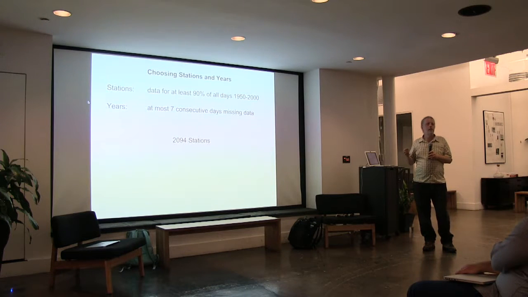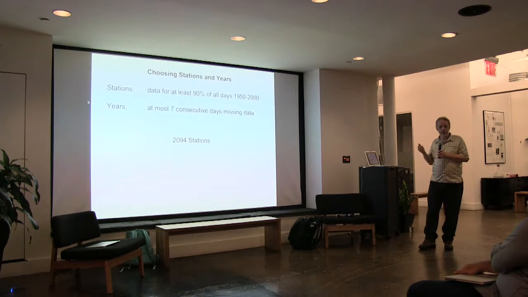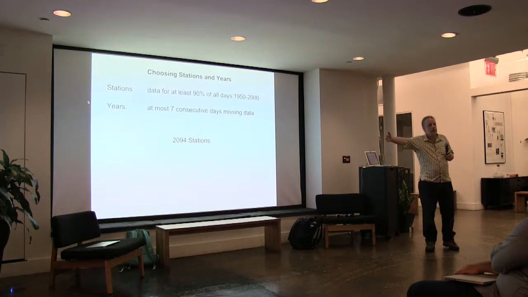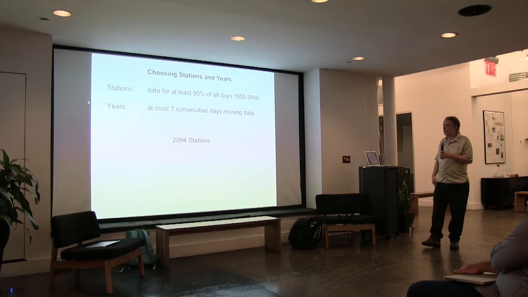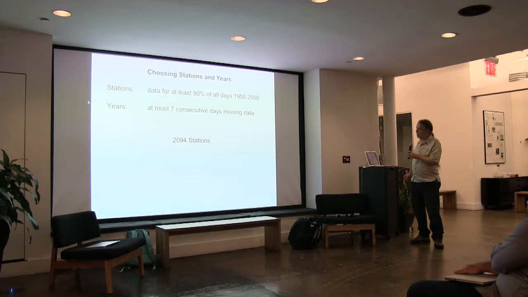It's not representative. So another filter criterion that I just arbitrarily chose is I'm going to eliminate any year where there's more than 7 days of consecutive missing data. That guarantees that I've got data spaced somewhat evenly throughout the year. It's still not a perfect thing to do, but it was just an easy thing that I did as an experiment.